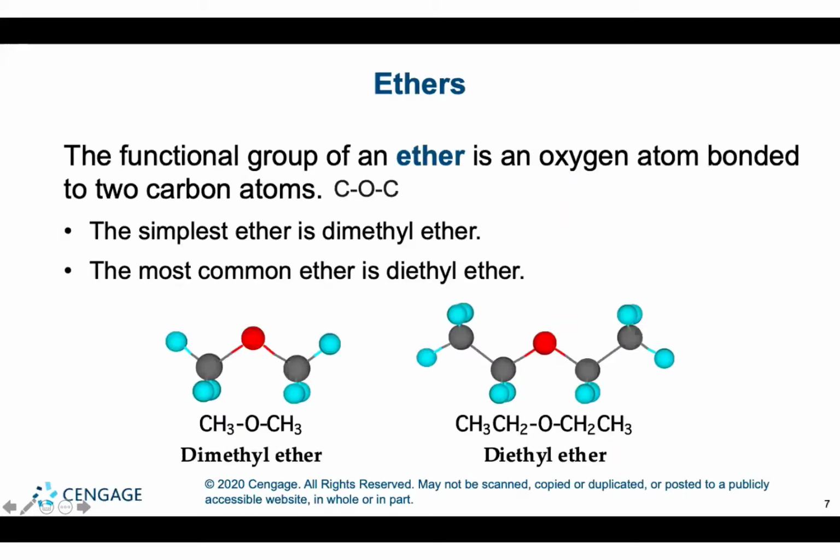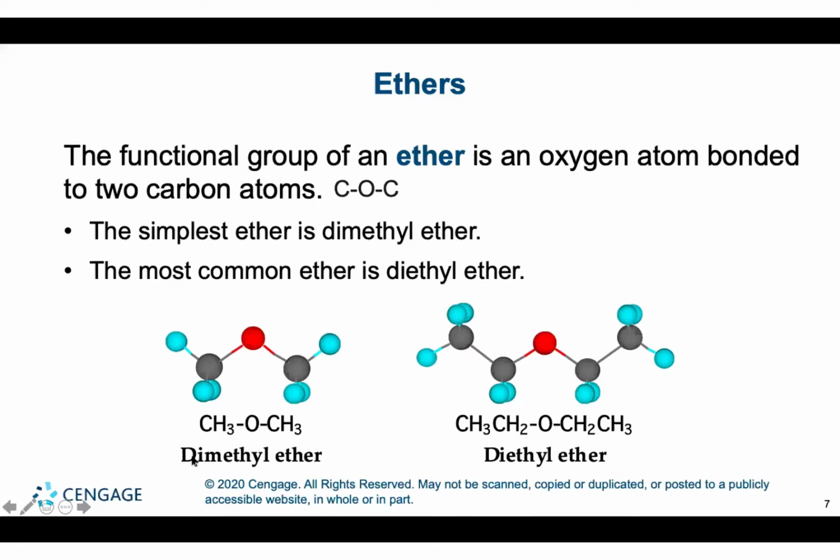Let's talk about ethers. The functional group of an ether is an oxygen atom bonded to two carbon atoms. Look at this, guys. If you see that you have an oxygen in the molecule and around the oxygen you have two carbons, we call it an ether.